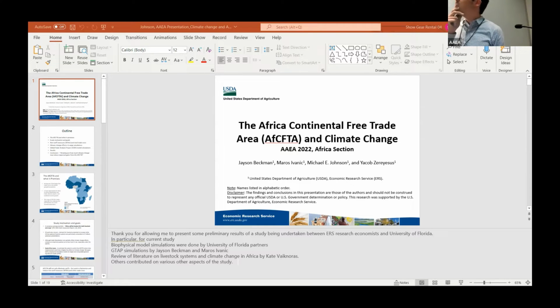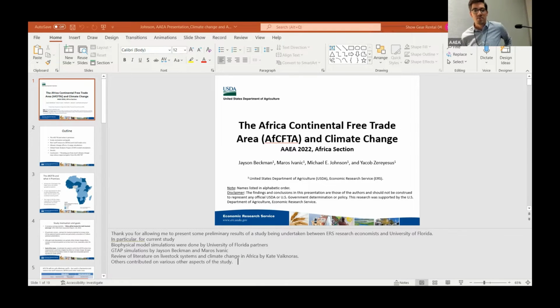What we're trying to do in this presentation is understand some of the implications of climate change for livestock in Africa, to motivate future work, looking at some climate simulations with particular thought about input needs for livestock in sub-Saharan Africa.